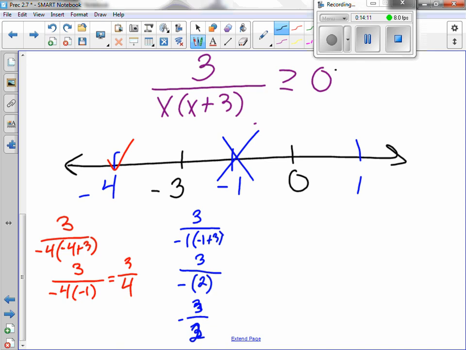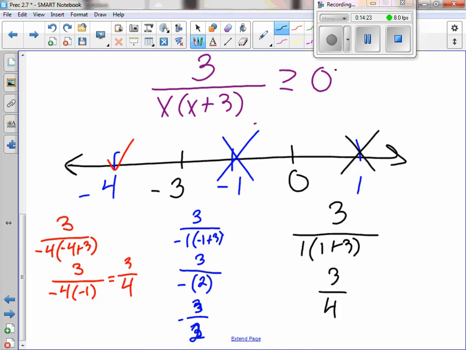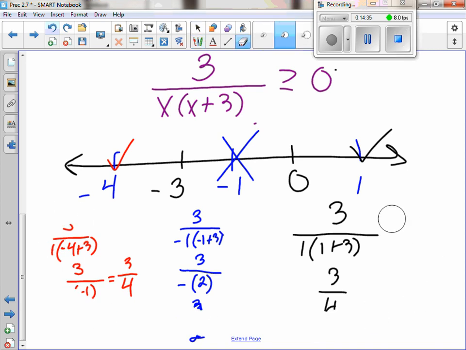And lastly, 1. Oh, that works, sorry. I don't know why I marked that out. Because that would be positive. So, we found the ones that work.